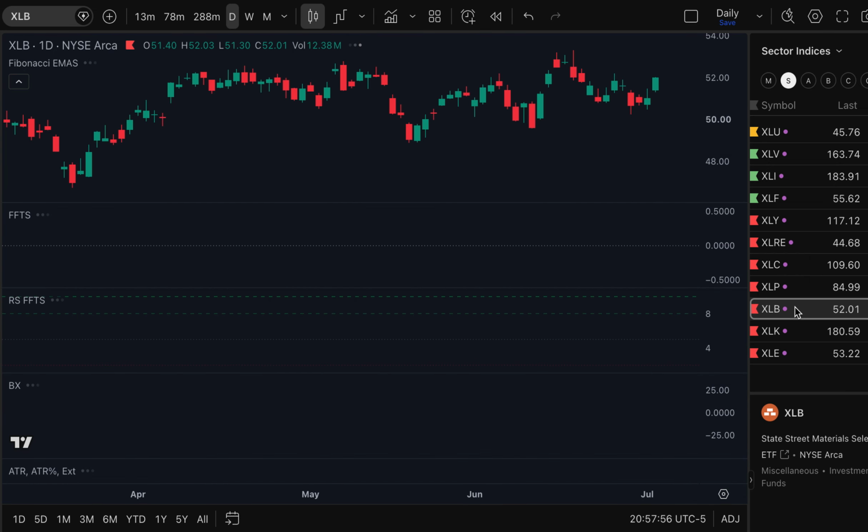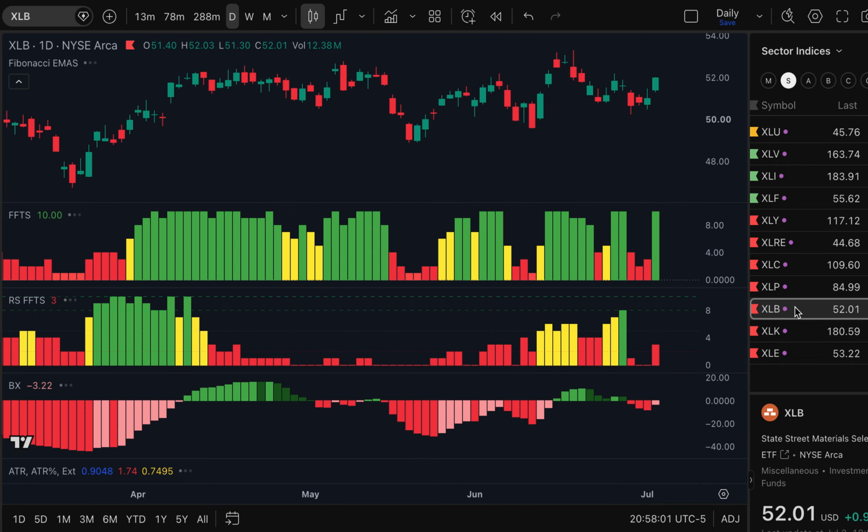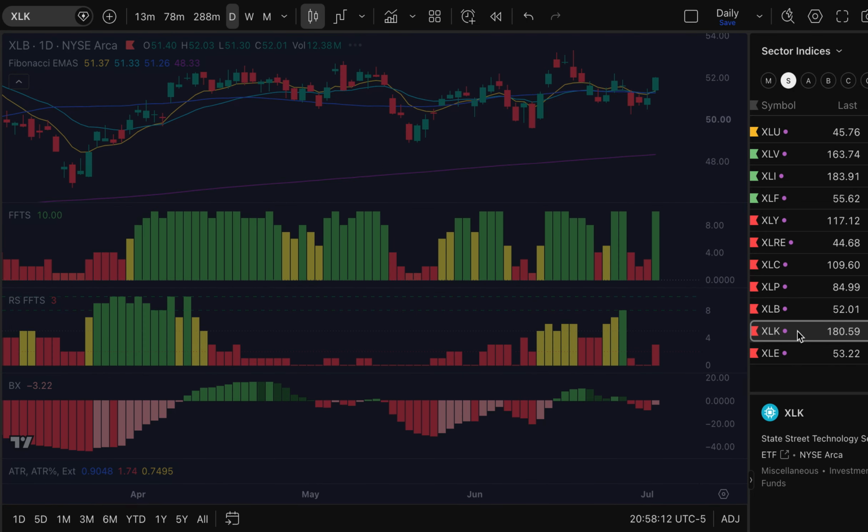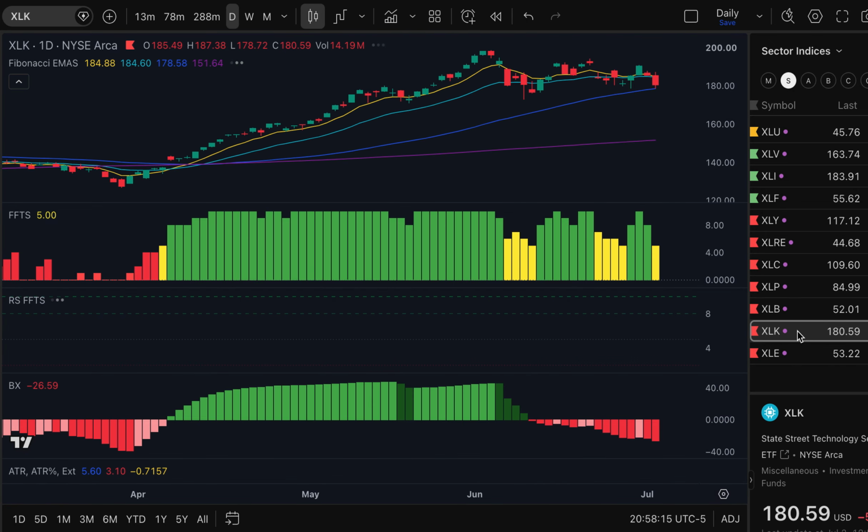Material sector, XLB. Trend stack score is 10 out of 10, but relative strength and momentum are not quite there. Technology, this was our former leader. This was the leader in April and May.